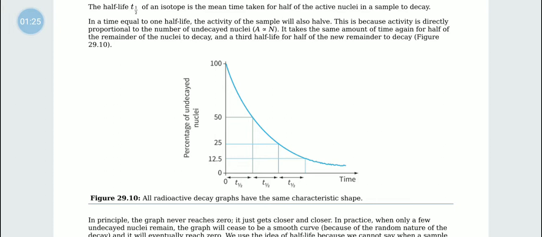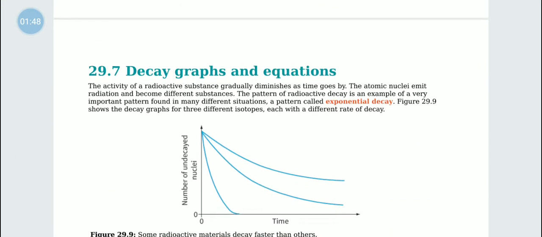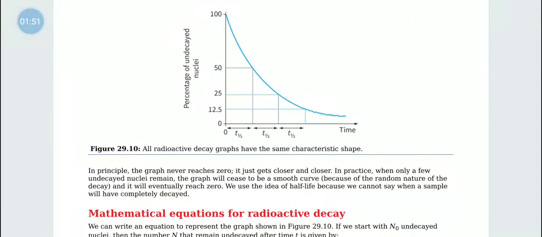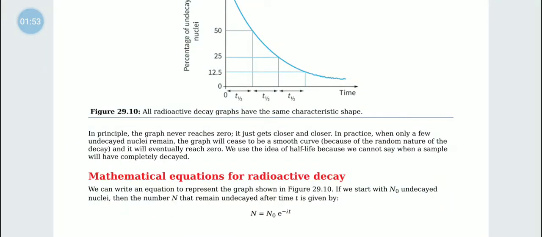Then from 50 to 25, it has taken the same amount of time, as you can see. Then from 25 to 12.5, it has taken the same amount of time. It is because of this half-life only that we say this is an exponential curve. So this is an exponential decay, and that is something that we have already discussed earlier as well.